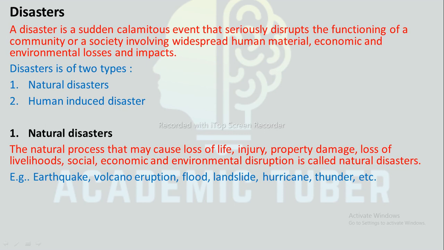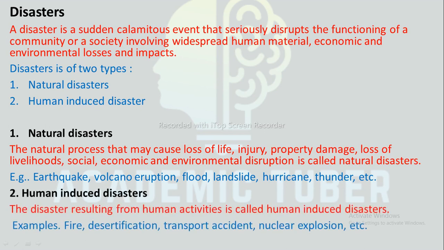Some of the examples of natural disasters are earthquake, volcanic eruption, flood, landslide, hurricane, thunder, etc. Some natural disasters have less severe effects whereas some have devastating effects. The natural disasters are beyond human control. However, we can reduce their effect to some extent using certain control and safety measures.